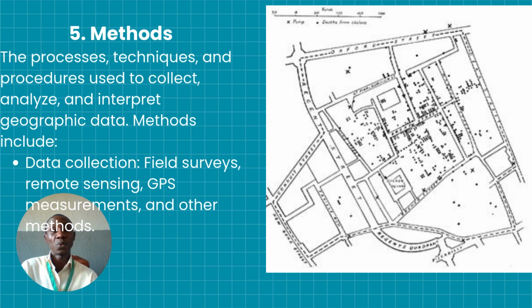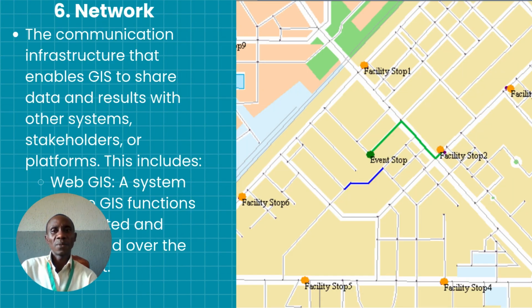This can be through field surveys, or through remote sensing, getting information from satellites in space, and it can be presented in GIS. And then we also have the network. This refers to the communication infrastructure, which enables GIS to share data and results with other systems and stakeholders.